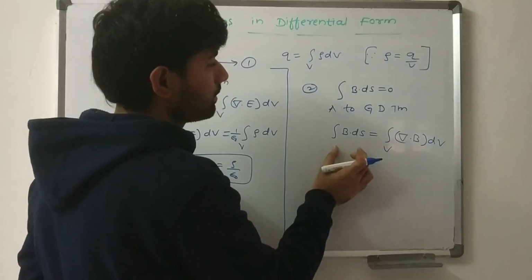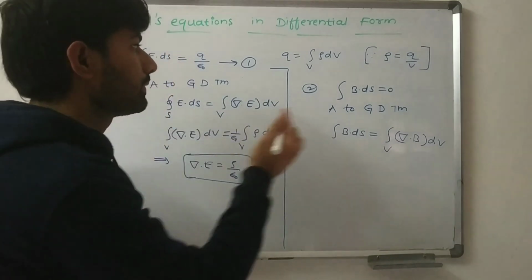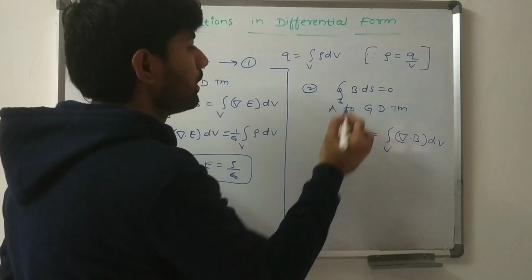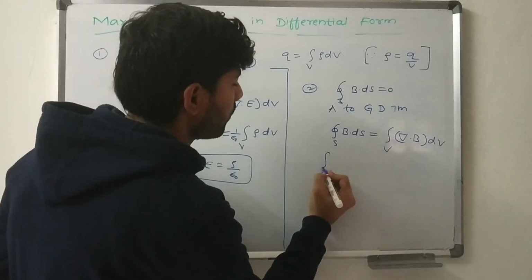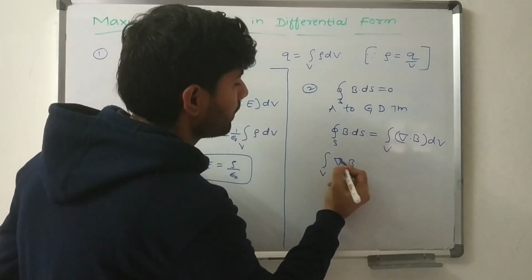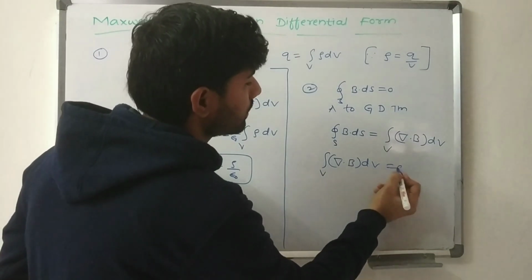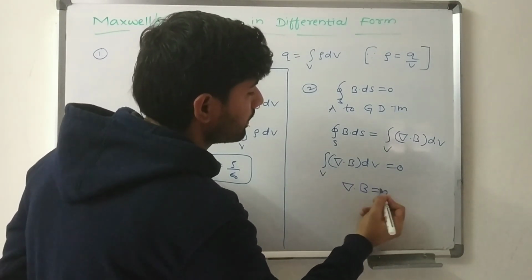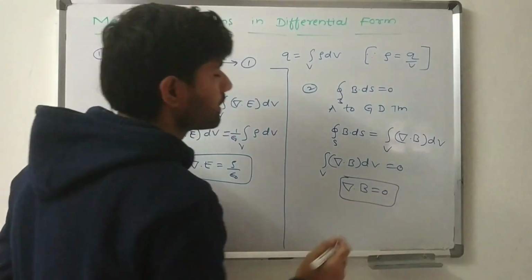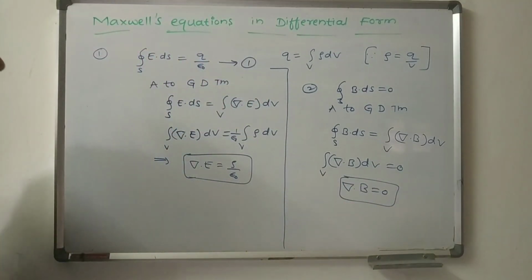So if we replace the surface integral B dot ds with this, then we can write volume integral del dot B dv is equals to 0. That implies the differential equation del dot B is equals to 0. So this will be the second Maxwell equation in terms of differential form.